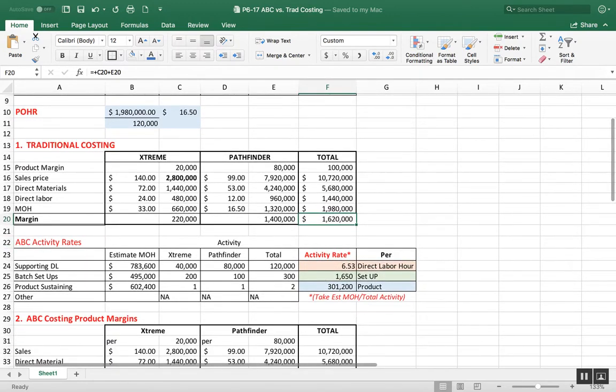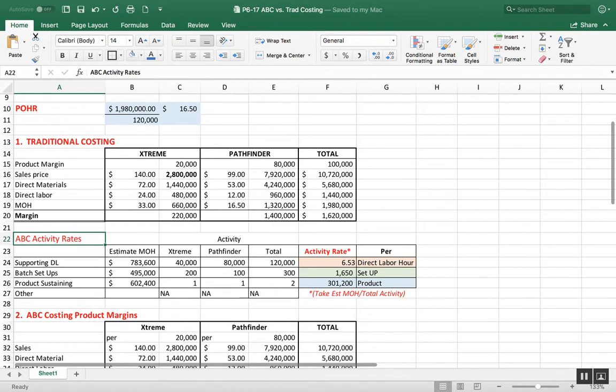Now it gets a little bit tricky. So the next question says, the company is considering replacing its traditional costing system with an ABC costing system. All right, and they gave us the estimated overhead, and then they gave us the activities.